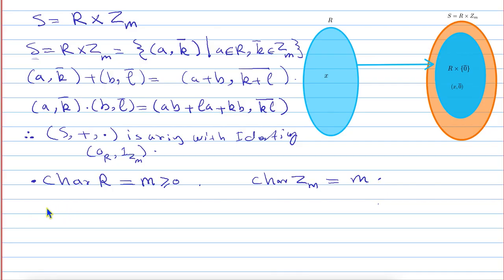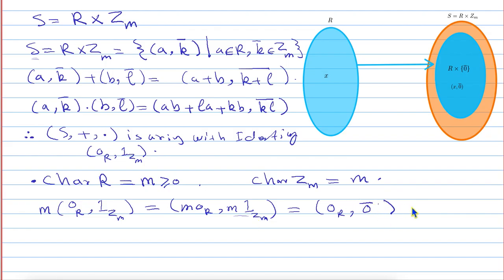If we take the identity added M times, then we have M times (0 R, 1 sub Z M). This equals (M0, M1 Z M), and this equals, of course, 0 of R, and this is the characteristic of Z sub M. So this is the 0 bar.